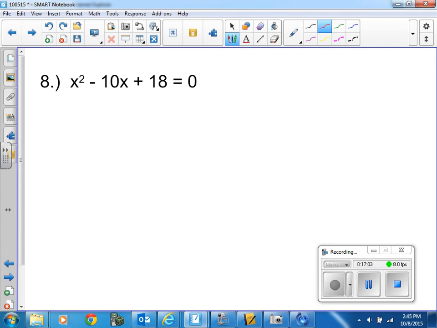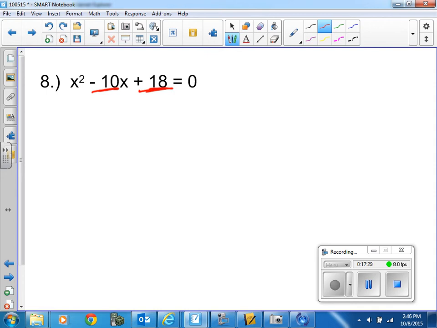So if I have 3 terms, and the coefficient of x squared is 1, you can think to yourself, is there anything that will multiply to give me +18 and also add up to -10? As I look, I don't think there are any.